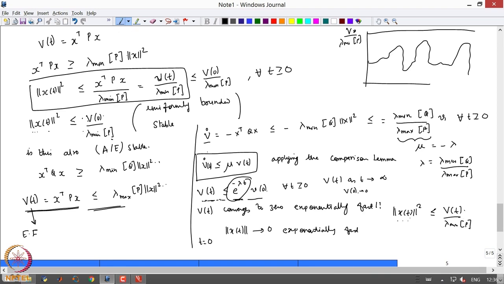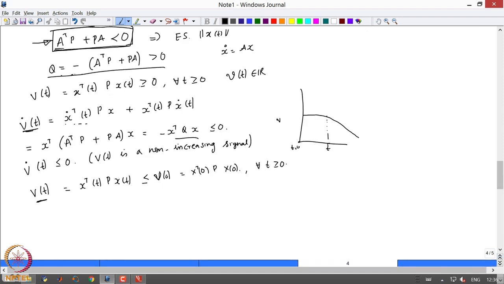Where did we start? We started by assuming this to be true, and this now implies that x converges exponentially fast, so I have proved exponential stability of x dot equal to A x.